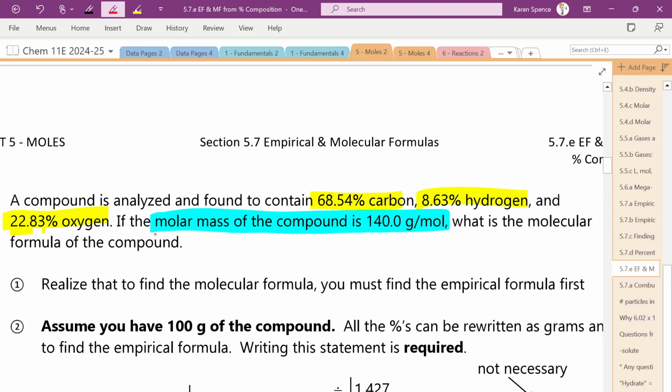Tell your partner. It is the molar mass of the what? The molecular formula.